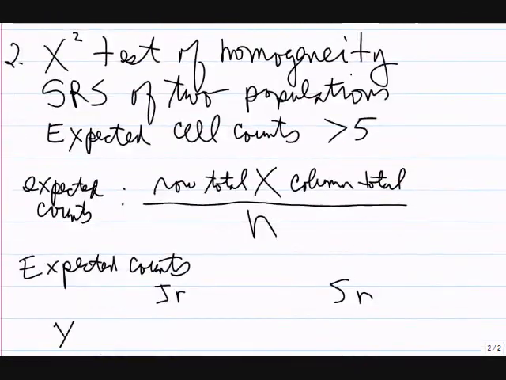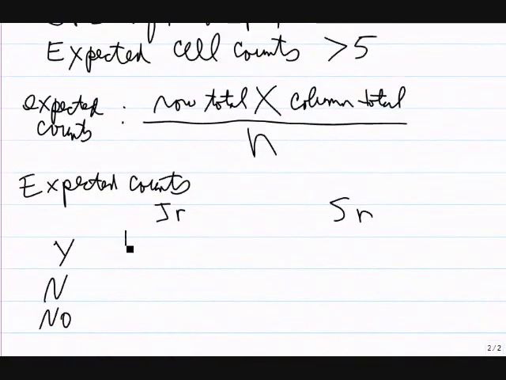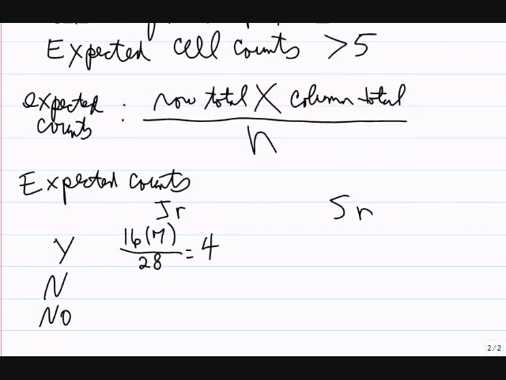16 and 7. So that is 16 times 7 divided by, what was our total? 28? Give me a number, please. Okay. So far we've got one less than 5.